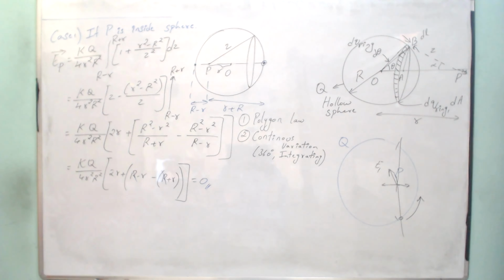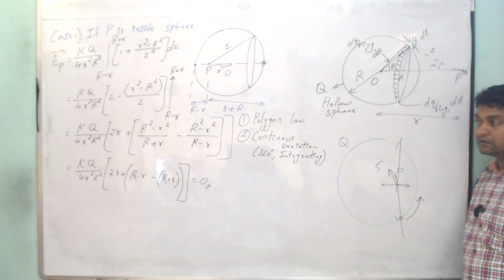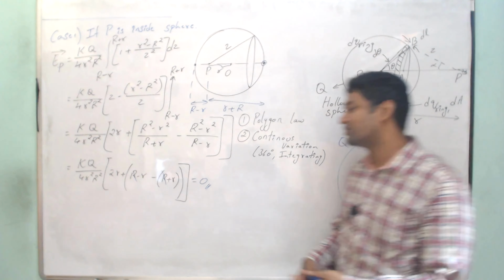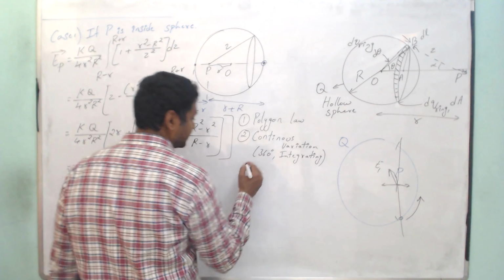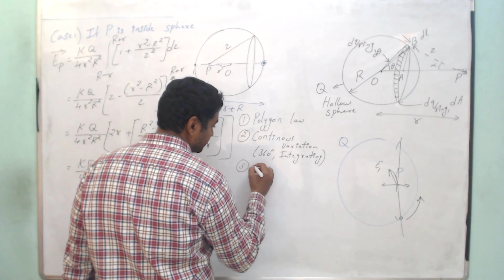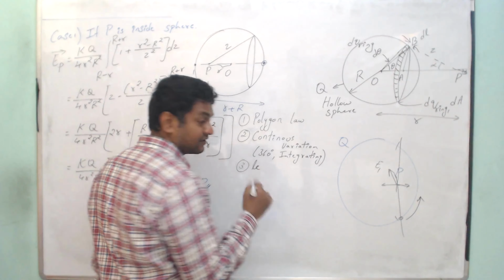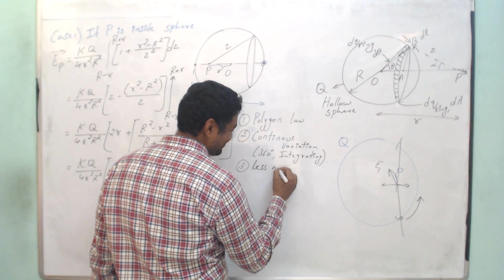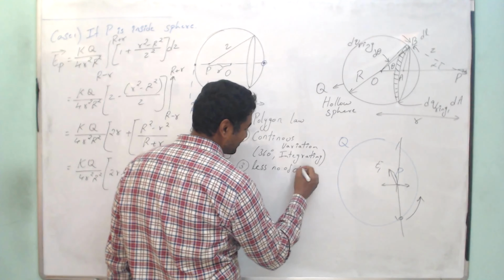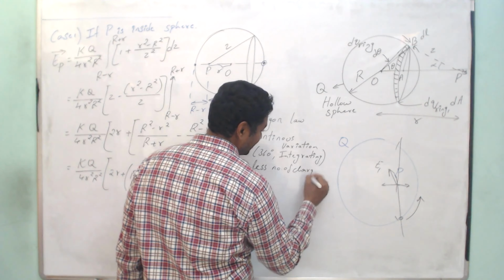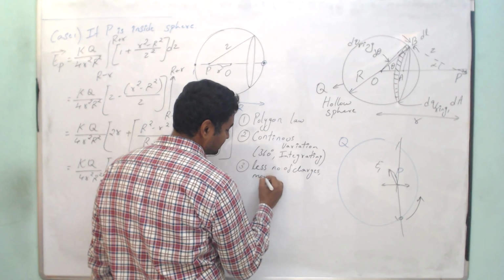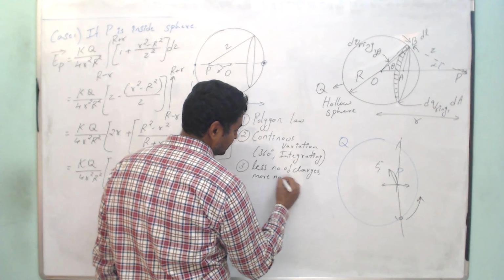Also, the less number of charges, more magnetic field. Third view that we have, magnetic field. I already jumped into magnetic field. Okay, less number of charges, more electric field. More number of charges, less electric field.